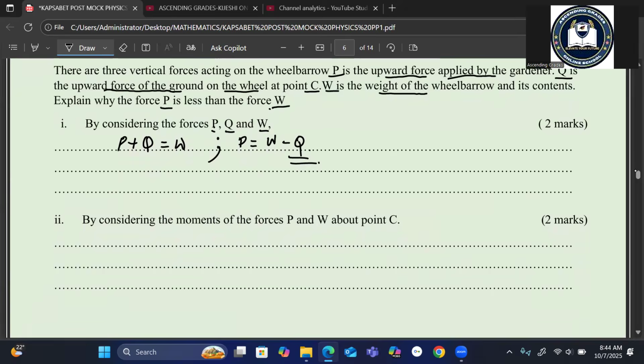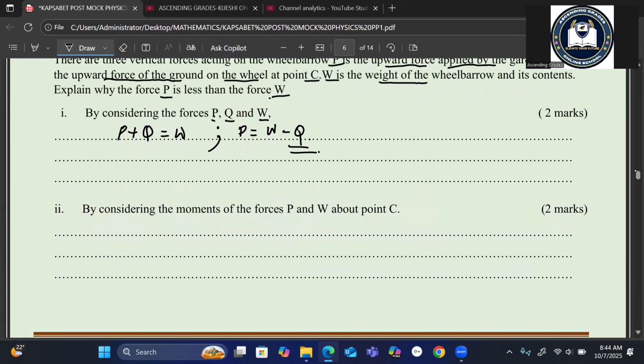So when we are going to use the moments of forces P and W about point C, our point C will be our pivot, where we shall be measuring all our perpendicular distances from.